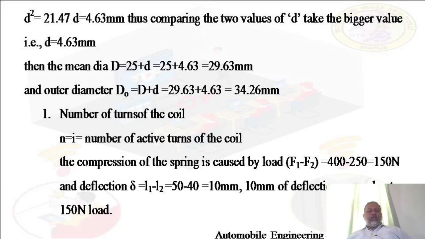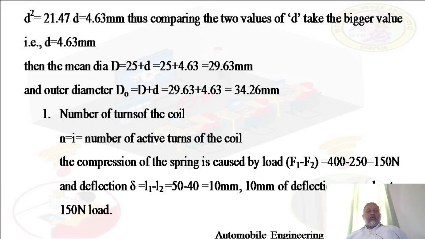The later data gives a bigger value than the former one, so instead of 4.2, now you have to take 4.63, and the mean dia changes to 29.63. After getting 29.63 for mean dia and wire dia 4.63, you calculate the outside dia, which is 34.26 mm.